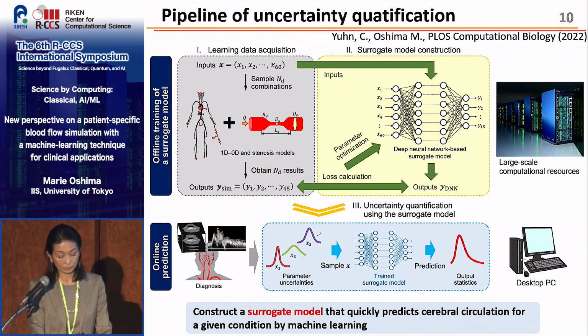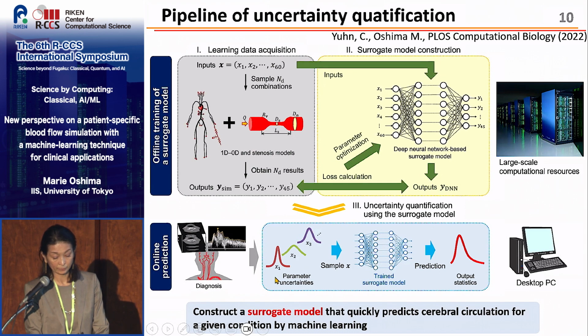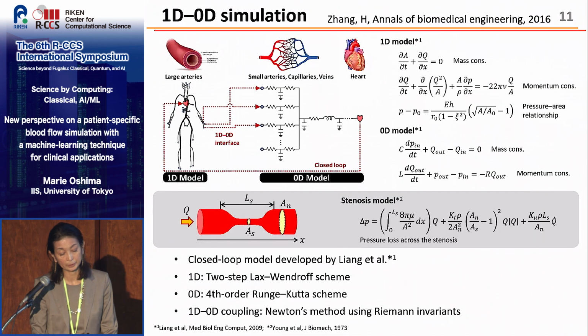And we have the uncertainties vary in the range like this, and we conduct the uncertainty quantification using the surrogate model. And then we can obtain the probabilistic distribution of a risk of a CHS. So this is a pipeline for the uncertainty quantification in this study.